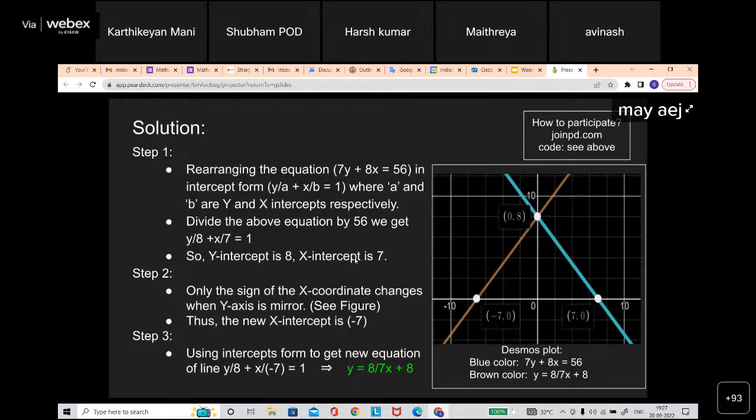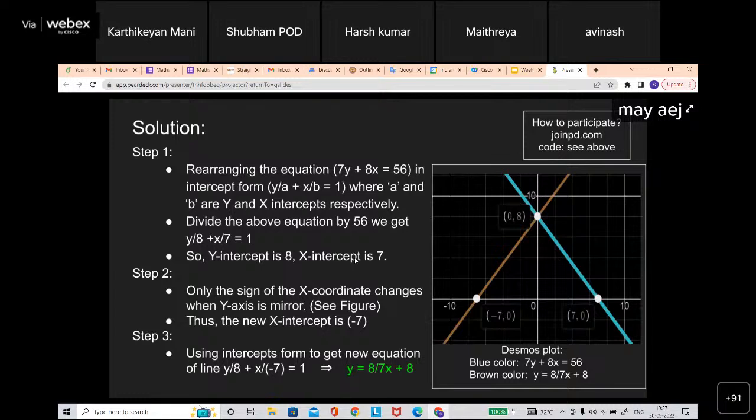That means the y coordinate stays the same and the x coordinate becomes positive. Okay, so you alternate the signs and then the answer comes. So you got the same answer? Yes. Okay, it will work because x is going to be shifted to minus x. Yes, that's exactly it, sir. So yeah, it will work.